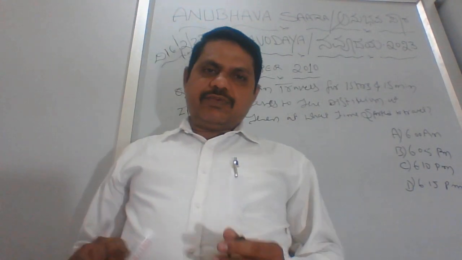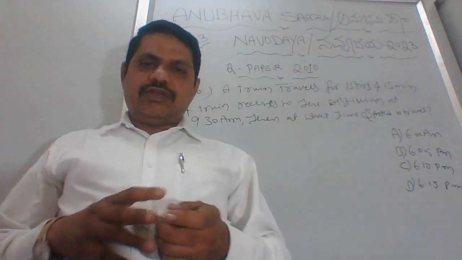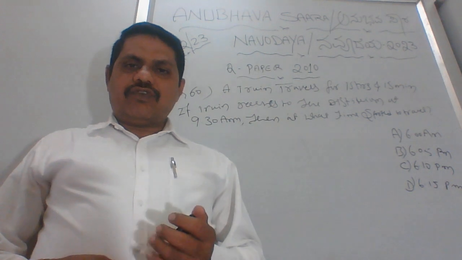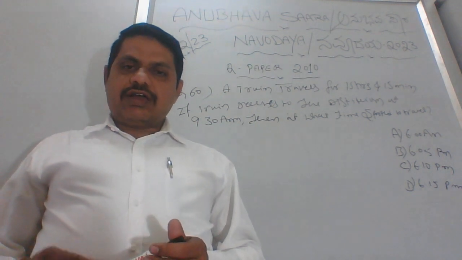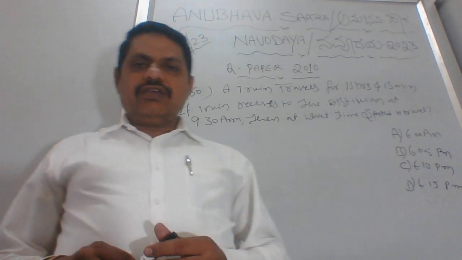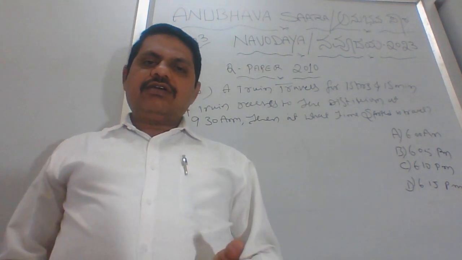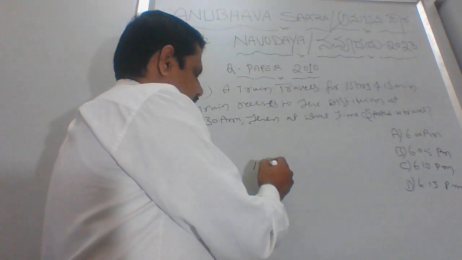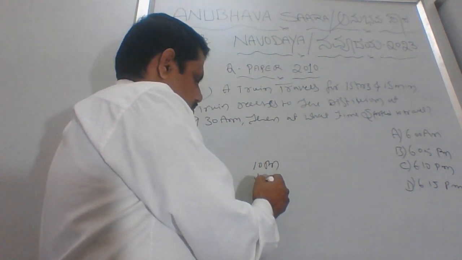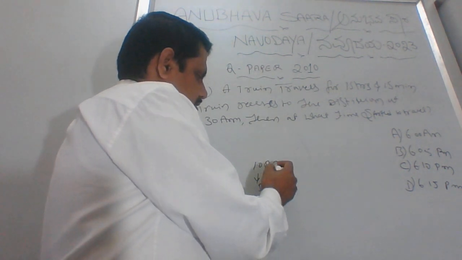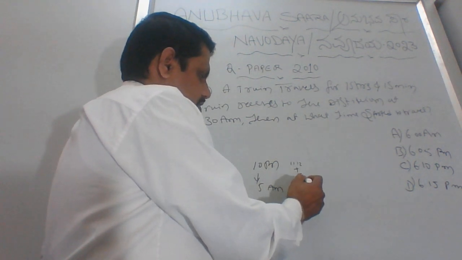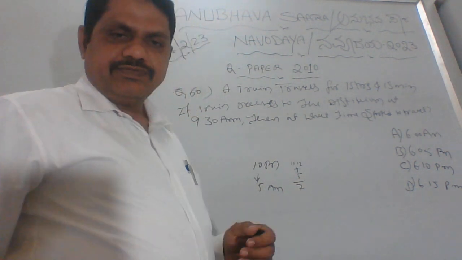For example, if you are going to your native place, you started traveling at 10 o'clock at night and reach your destination at 5 o'clock in the morning, how much is that? Night 10 p.m. to morning 5 a.m.: 10, 11 and 12, plus 1 to 5, it's 7 hours.